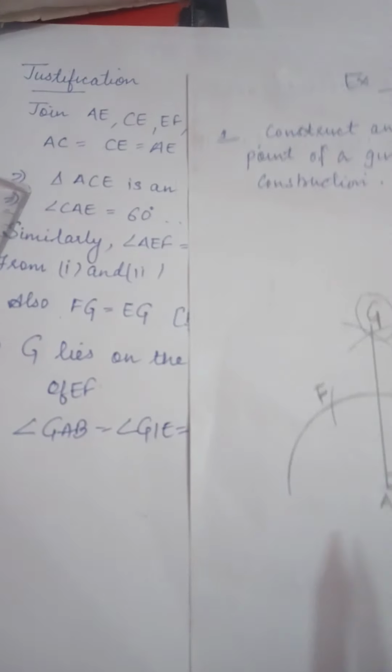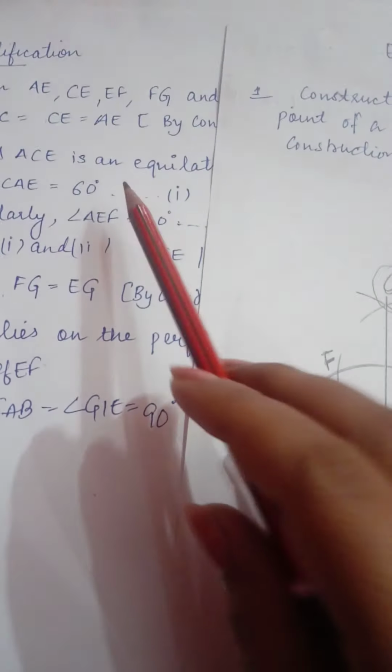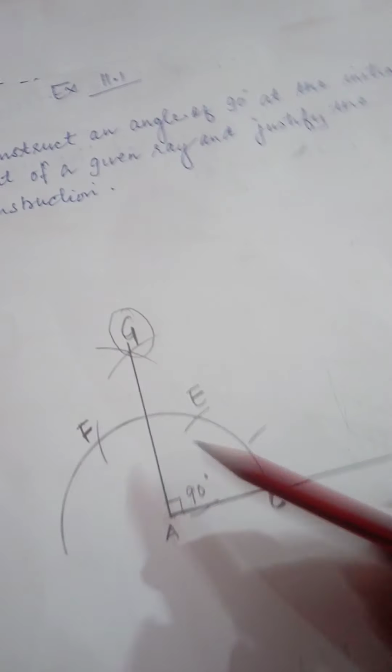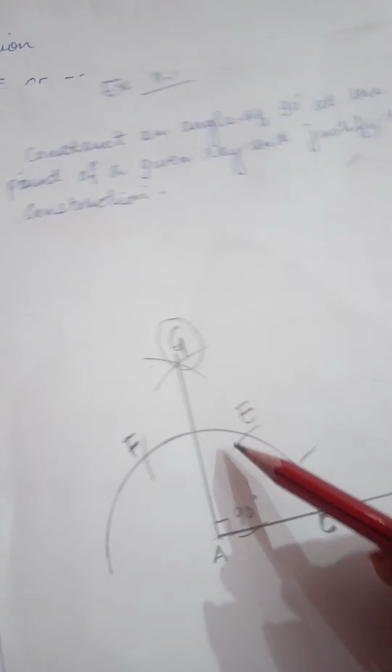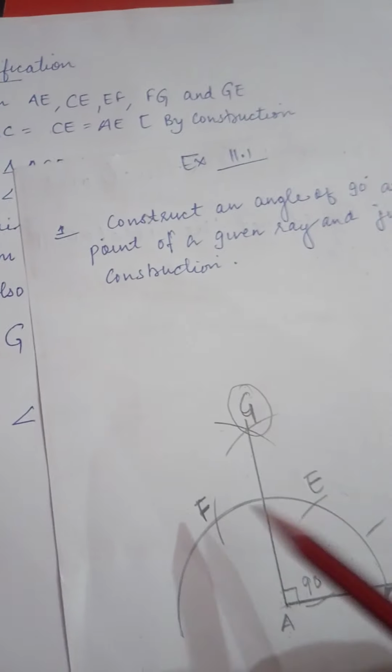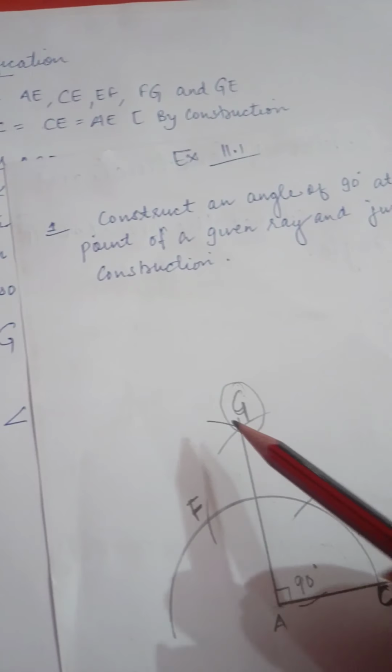Now what we need to do here is join AE. We have AE here, and we have to join CE, FG and GE.